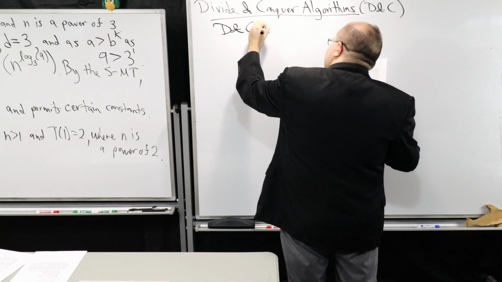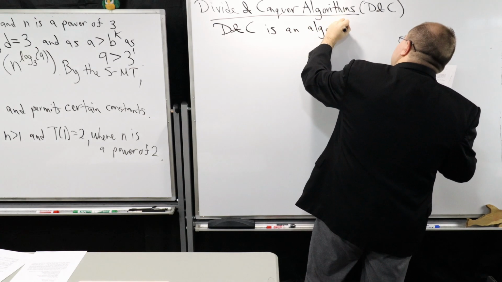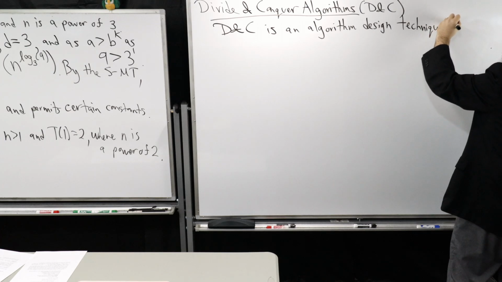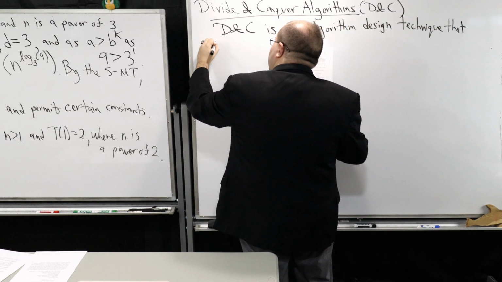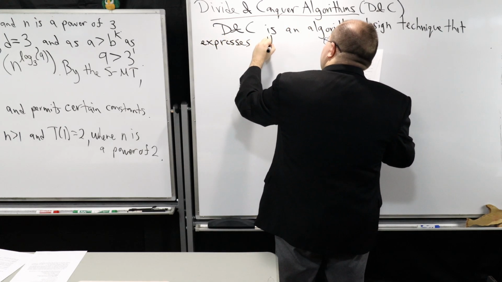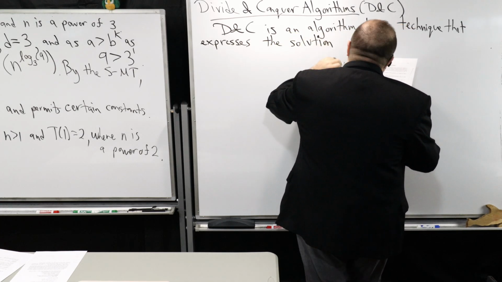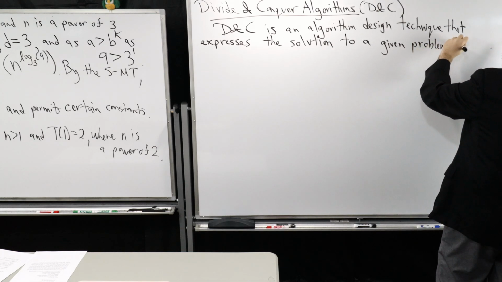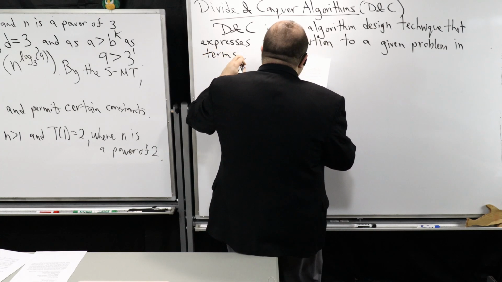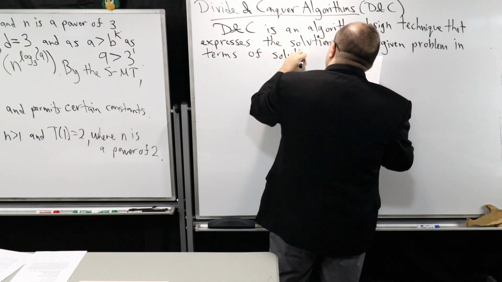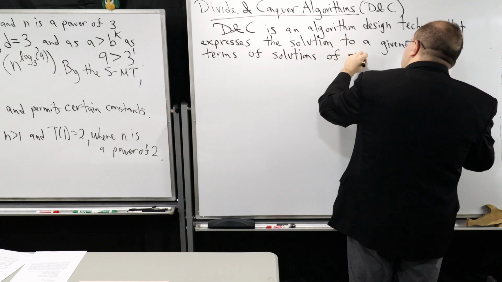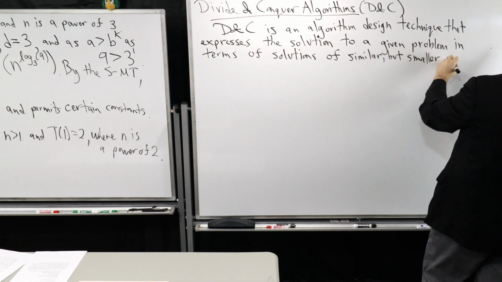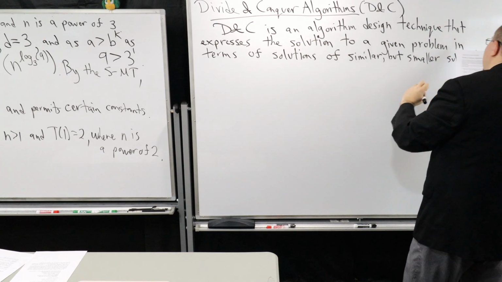So D and C is an algorithm design technique that expresses the solution to a given problem in terms of solutions of similar but smaller subproblems that can be solved independently.